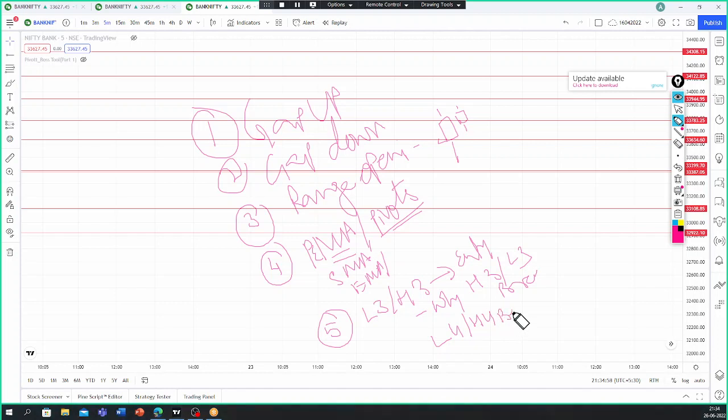You might have heard the normal funda: if this is H3 and H4 and this is L3 and L4, and this breaks, take the trade and travel down; if this breaks, the same. But sometimes you enter just at the break and the price moves down, or you enter here and the price moves up. So we'll see these scenarios, what is happening.